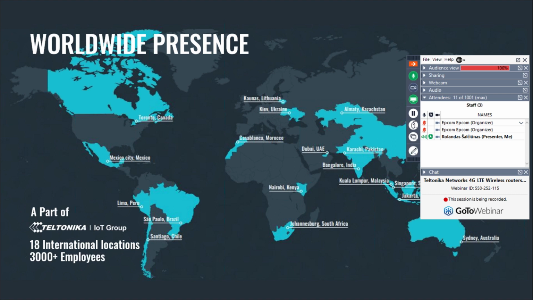Okay. So to talk about the global reach, our company, as mentioned, we are global, and we manufacture all of our products in Lithuania, in Europe, so it's a European product. We ship to all of our global offices all around the world.